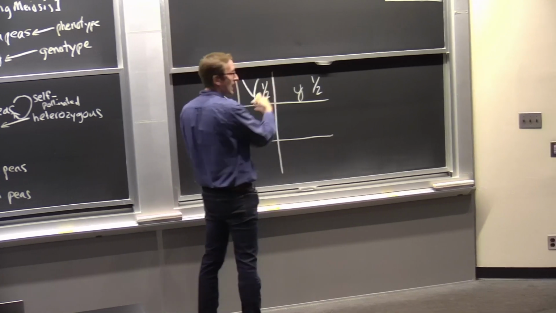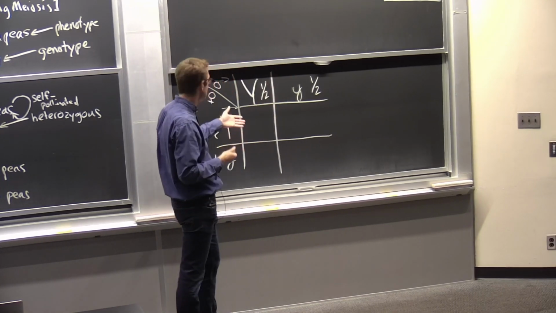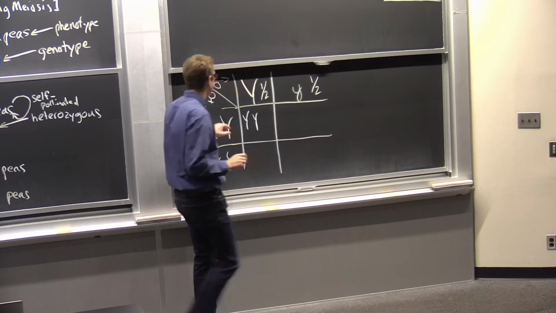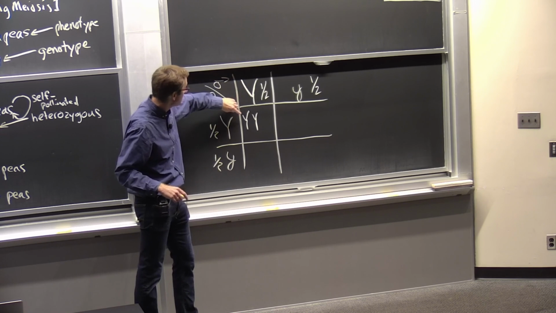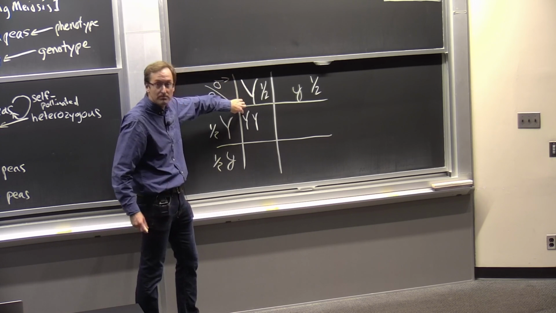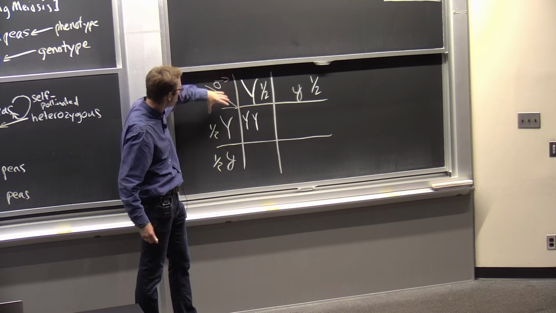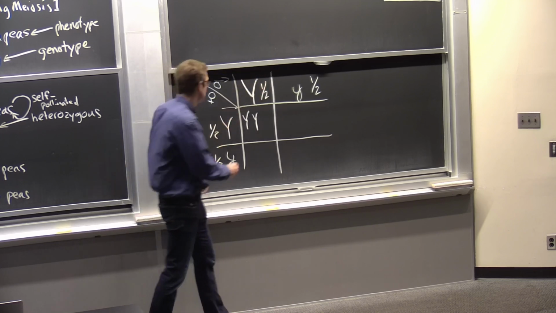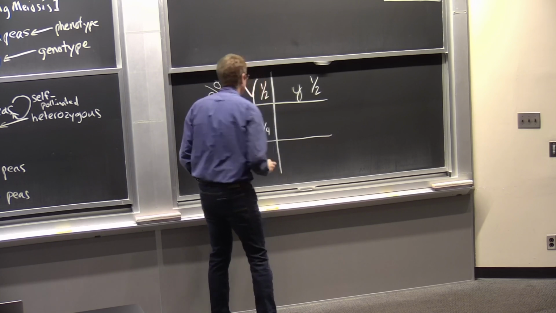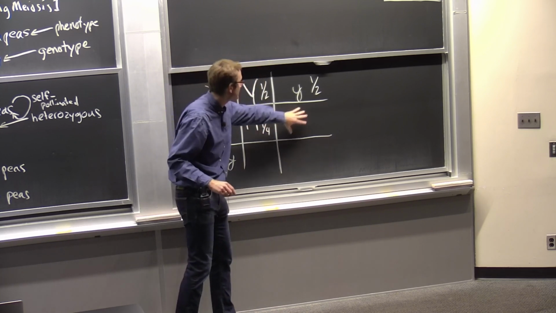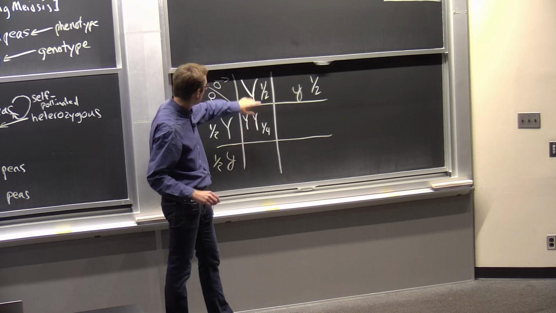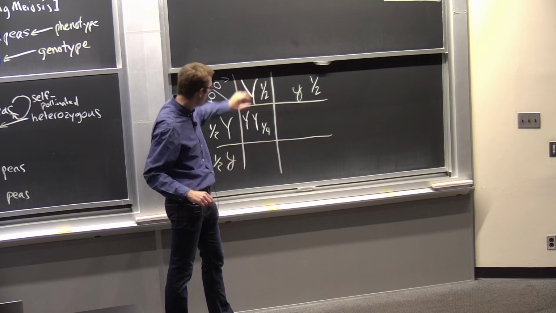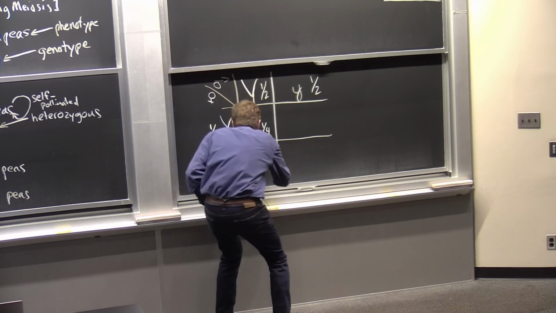So if you look at the possible combinations of gametes that could give rise to the F2 generation, you have some that will be pure breeding yellow, okay? And the probability here would be the joint probability of having this gamete and this gamete, which is 1/4. You then have two classes here that have one copy of the dominant allele and one copy of the recessive allele.